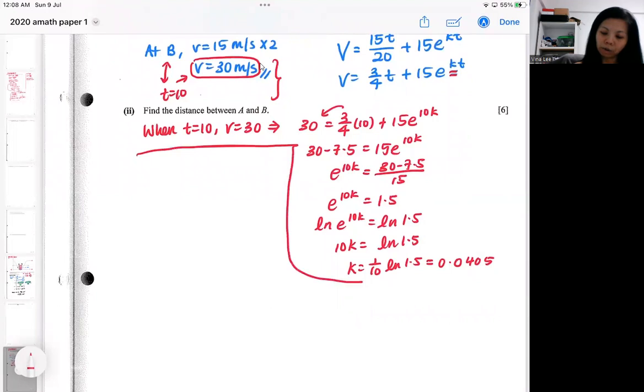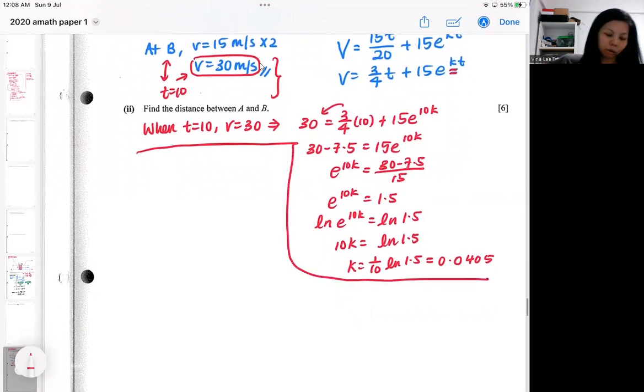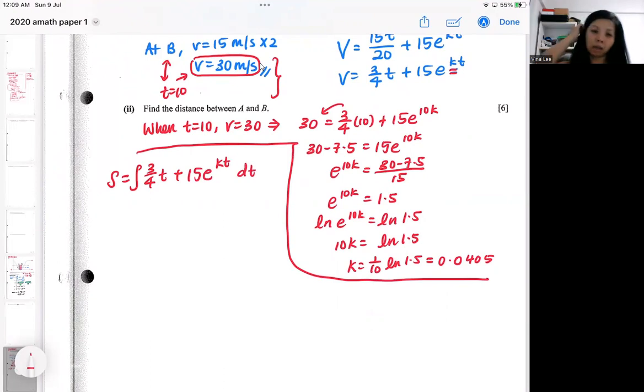So now I'm going to try to get the displacement. I need to integrate my velocity formula. I'm a bit lazy to write the chain of k, so what I did was, I'm going to integrate first and keep the constant first.